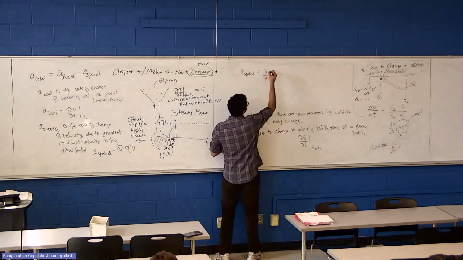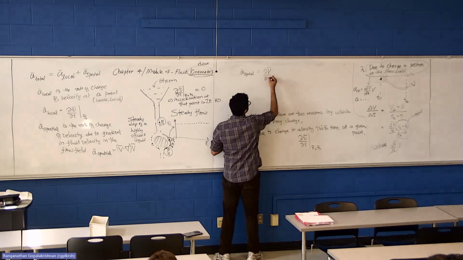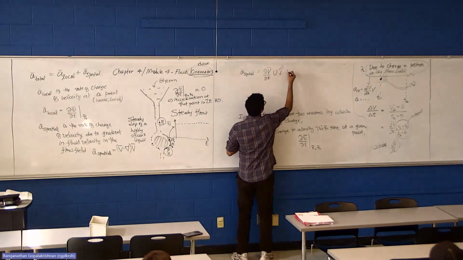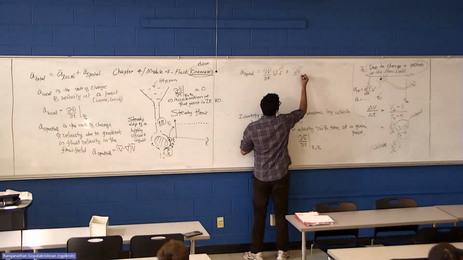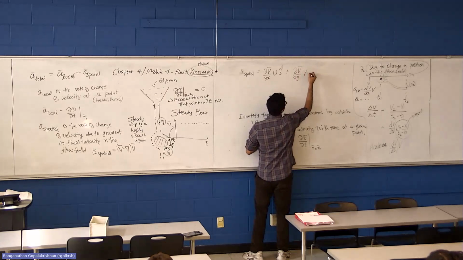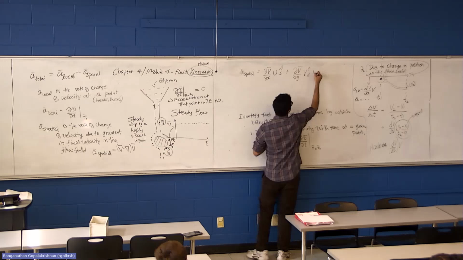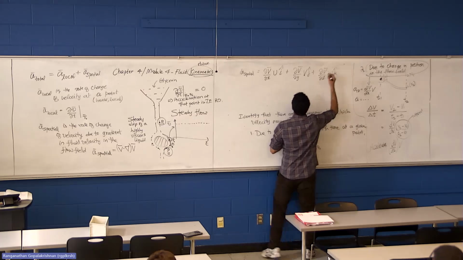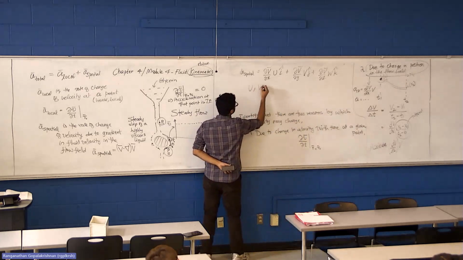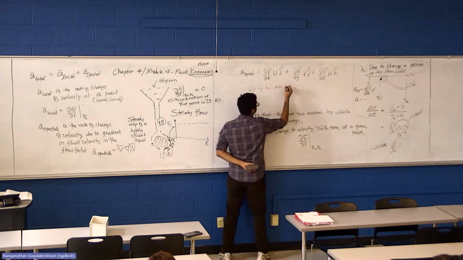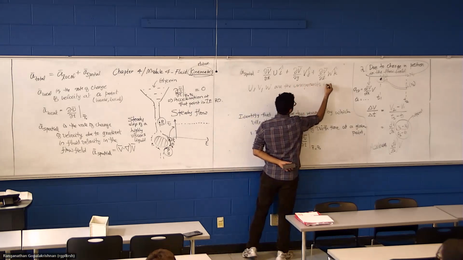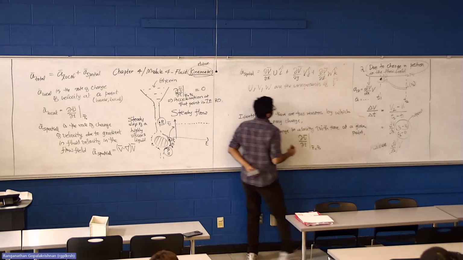So this is the partial derivative of V with respect to X times U i cap, plus the partial derivative of V with respect to Y times V j cap, plus the partial derivative of V with respect to Z times W k cap, where U, V, W are the components of V. And we'll do examples.